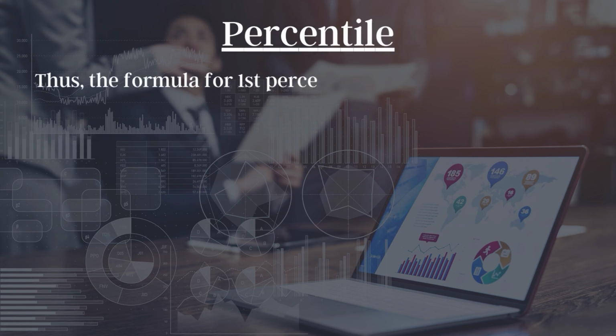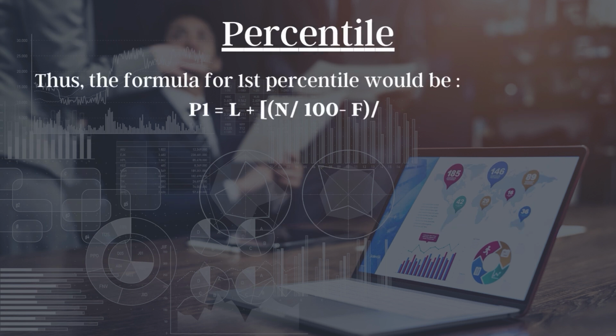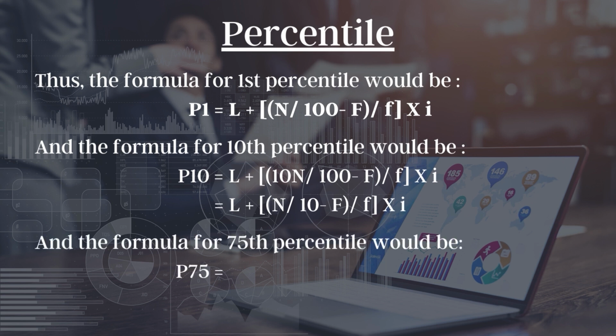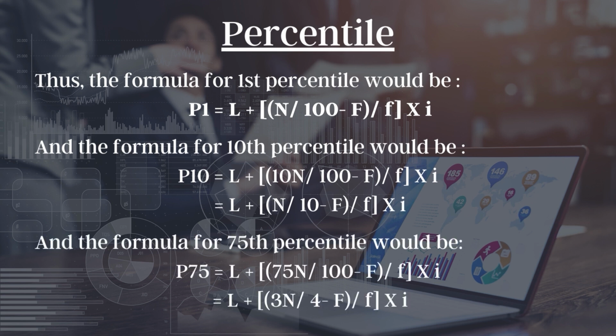In percentile also, the 25th percentile, say for example P25, will be the first quartile, and the 50th percentile is equal to the median. The 75th percentile will be the third quartile, and so in a way we can say the difference between P25 and P75, that is the first and the third quartile, will give us the interquartile range.